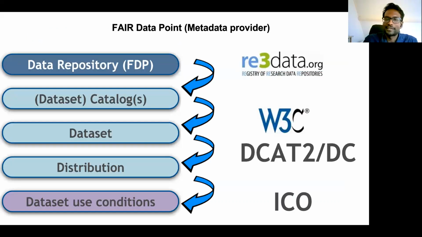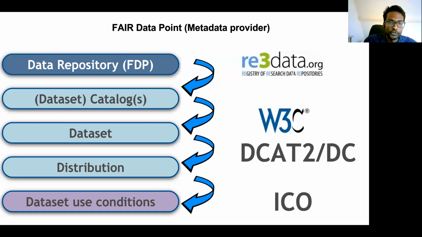So with FAIR data point, we basically provide metadata, right? We just provide layers of information via FAIR data point. When you get into the first layer of FAIR data point, you get metadata information about the FAIR data point itself, which we call a repository. So things like who is the owner of this repository, what kind of organization is behind this repository, things like that.